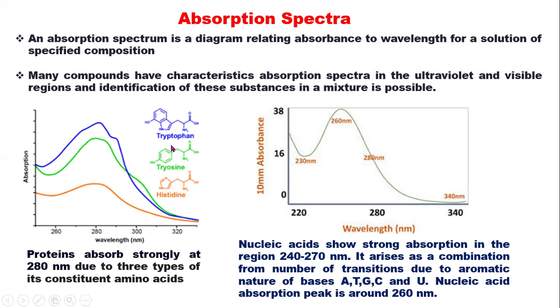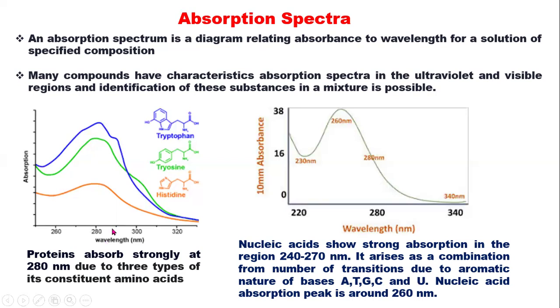Here we have the aromatic amino acids, you can see phenylalanine and tyrosine. They are the ones that make the absorption feasible, and the wavelength at which this maximum absorption occurs is 280 nanometers.